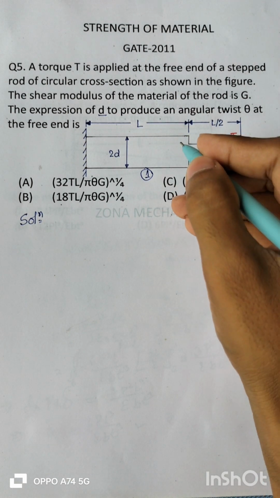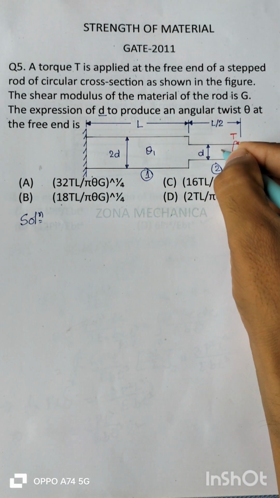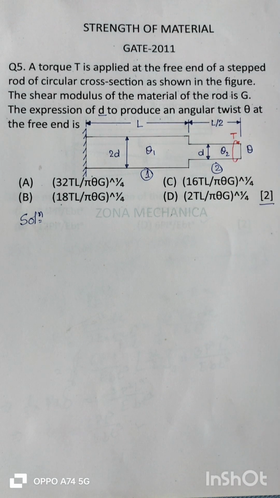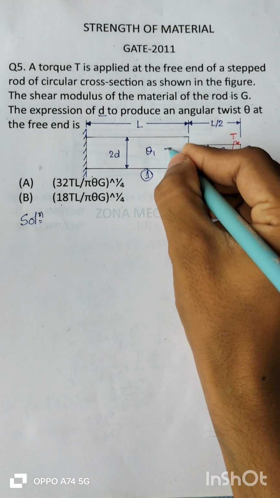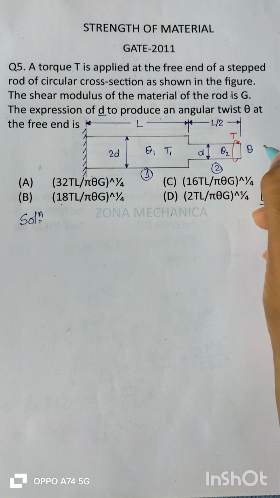Let the individual twists of segment number 1 be theta 1 and that of segment number 2 be theta 2, and the torque induced in segment number 1 be T1 and that in segment number 2 be T2.